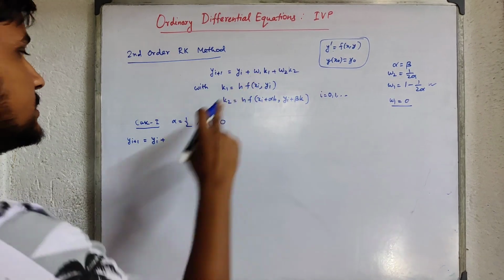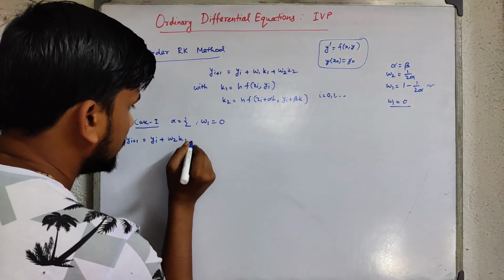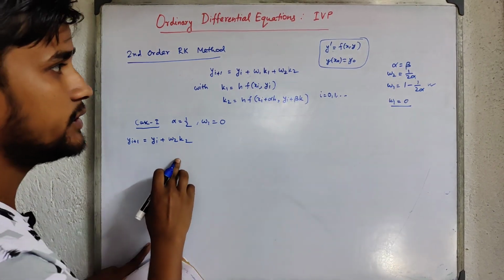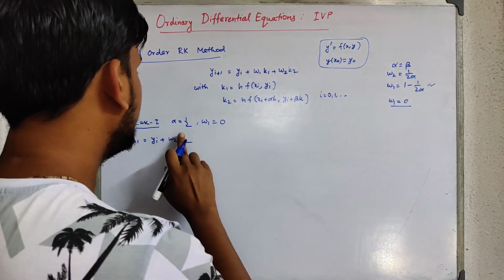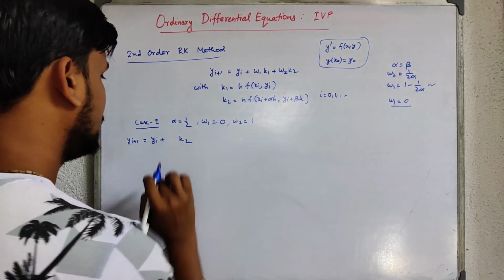Then the method becomes y_{i+1} equals y_i plus simply W2 k2, where W2 equals 1, so we can erase W1.